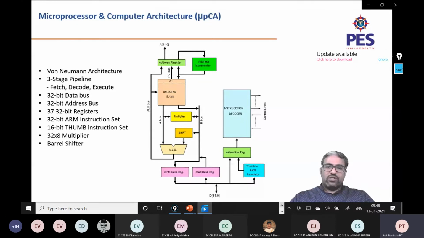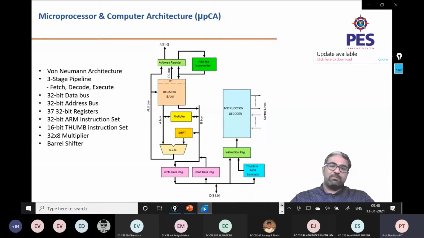In the next session, we'll talk about these 37 32-bit registers. But you need to understand that we have the register bank. Why do we need the register bank? What is the use of the register bank? We'll understand later. And the more important thing is that this ARM processor has a multiplier, 32 into 8.